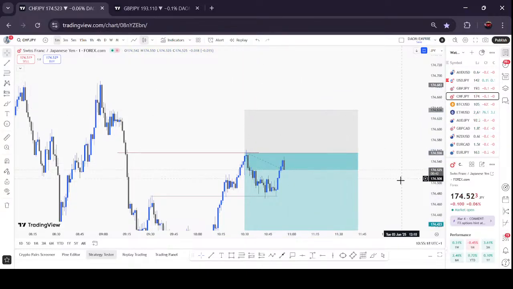I see no reason why we should get out of the trade. So let's hold on to our position.